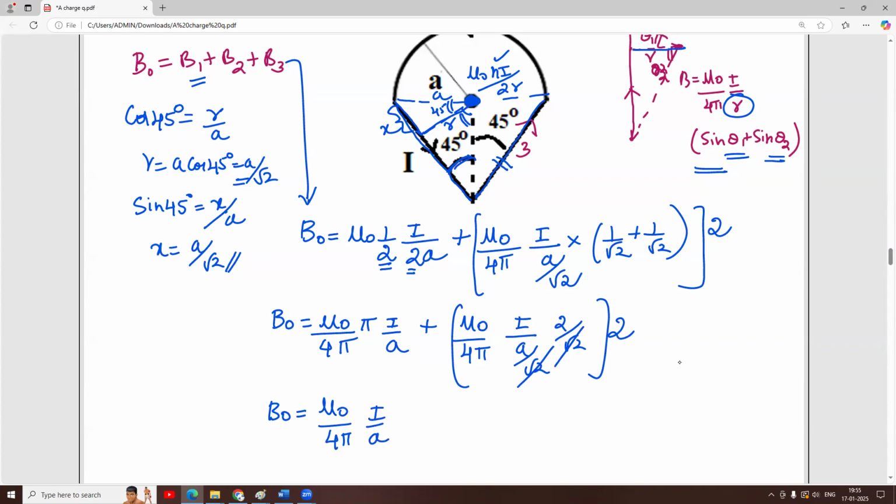So B naught is equal to mu naught by 4 pi, I by A common in both. I take it outside: mu naught by 4 pi, I by A, into pi plus 4.